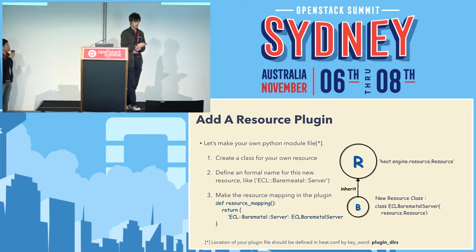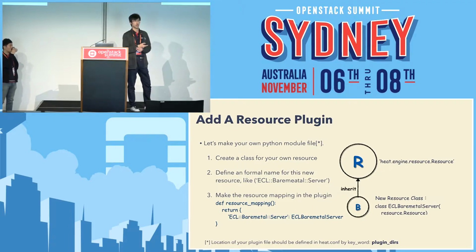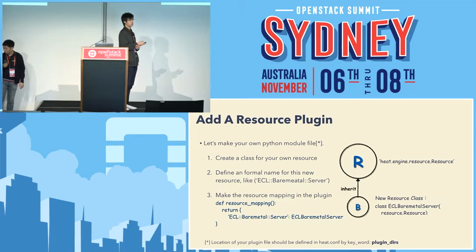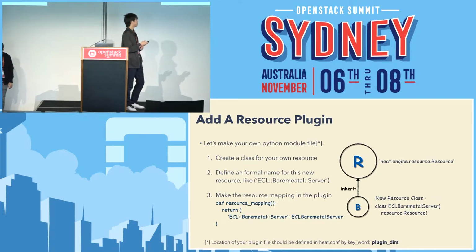Then the question is how to make a detailed resource plugin. First, of course, we need to make a new resource plugin package. You can put the package anywhere, but you need to define the location of this package in the Heat conf by the keyword plugin_dirs. And there are 3 steps after creating this package.